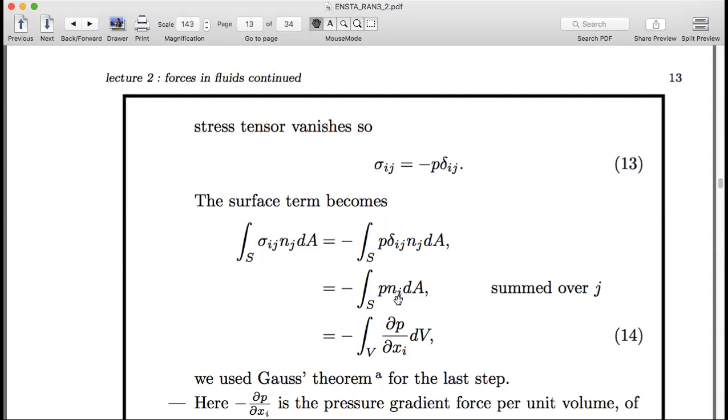Okay, so we sum over j, and of course this equals 0 except when j equals i.